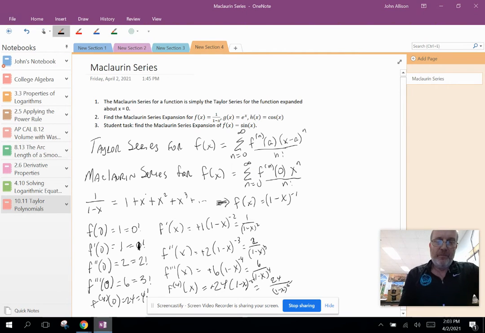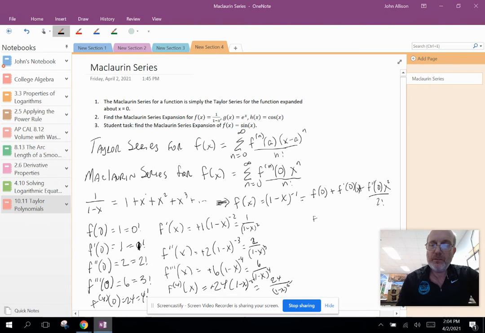So we can say that the Maclaurin series for the geometric series here, 1 over 1 minus x, is equal to, now remember this is going to be f of 0 plus f prime of 0 times x, sorry, plus f double prime of 0 times x squared over 2 factorial.